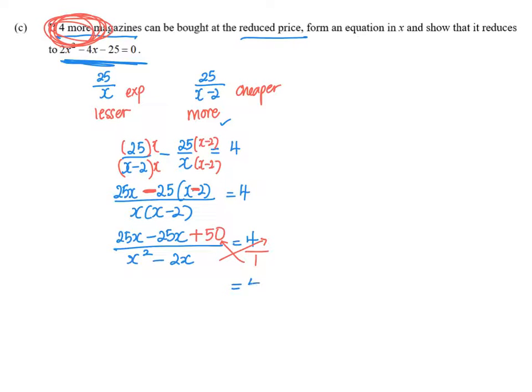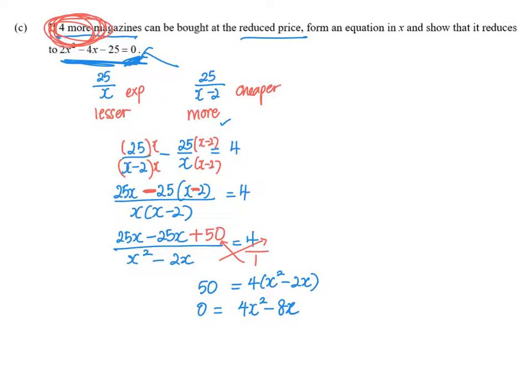Cross over 4 times x squared minus 2x. 1 crossover, simplify, I get 50. They want the equation to be equal to 0. So we will need to shift the equation and expand a little bit.